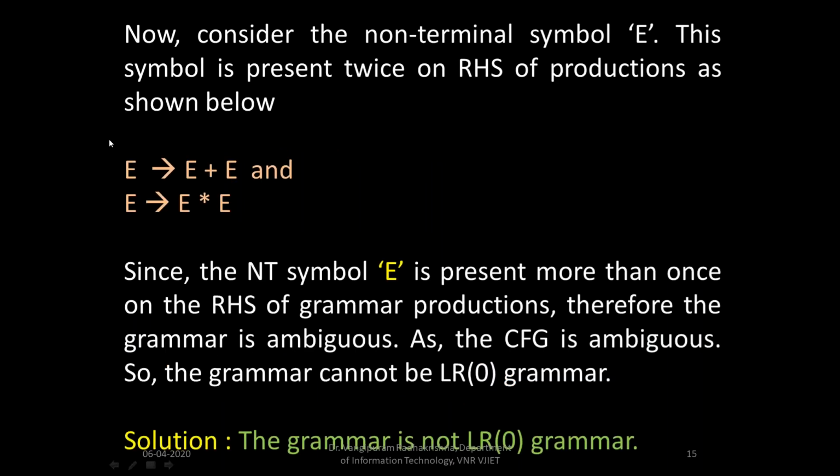The moment we conclude the grammar as ambiguous, we can state that the grammar is no more LR0 grammar. So because the given grammar is ambiguous, it eventually proves that the grammar is not an LR0 grammar.